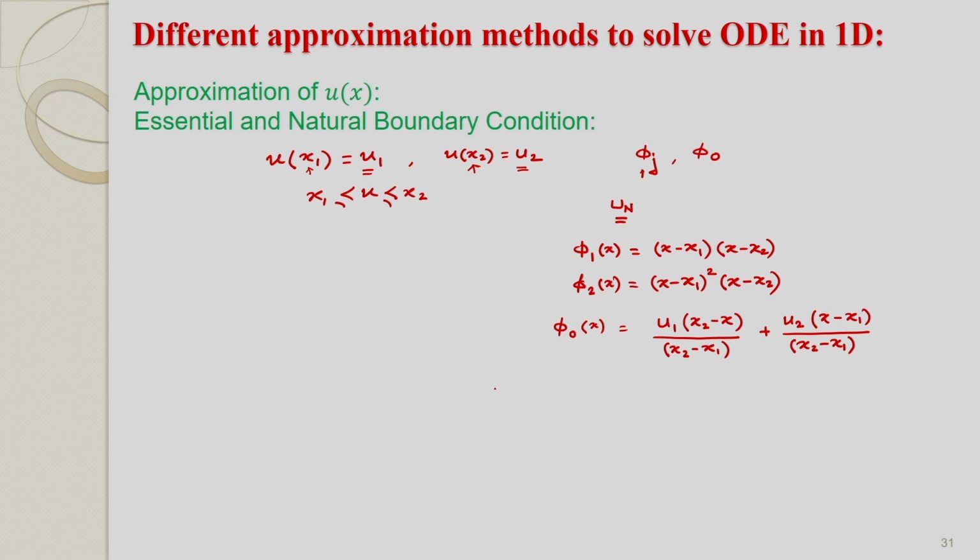So, we can write our un as c1 x minus x1 x minus x2, c2 x minus x1 square, and then this is our phi naught.